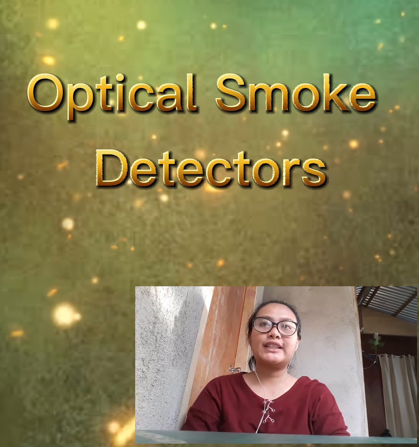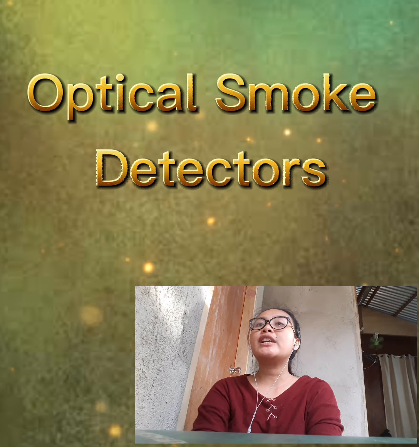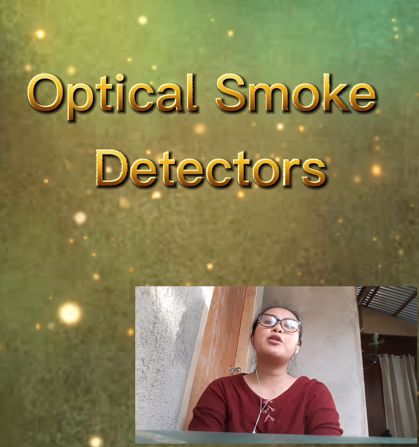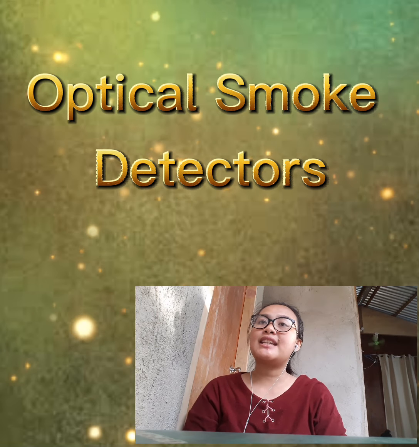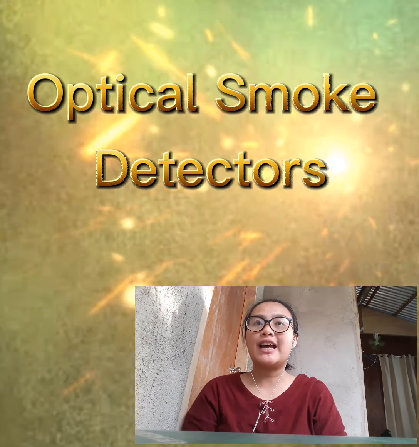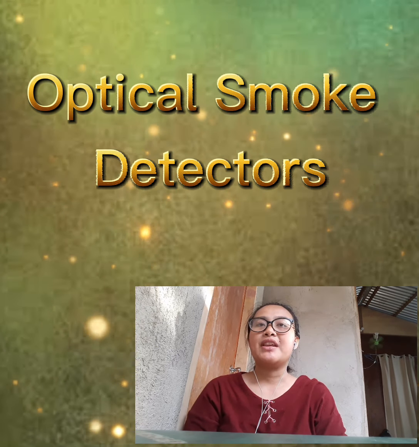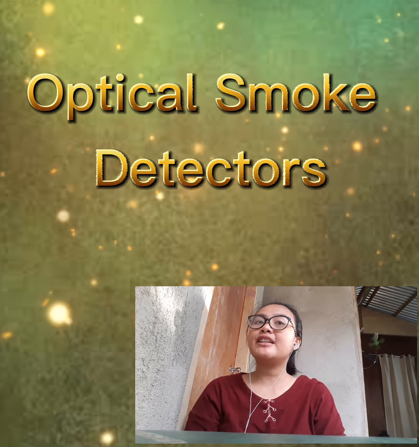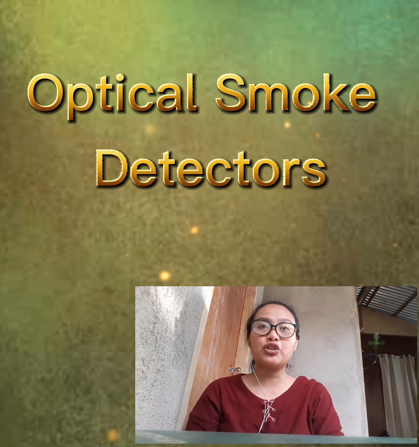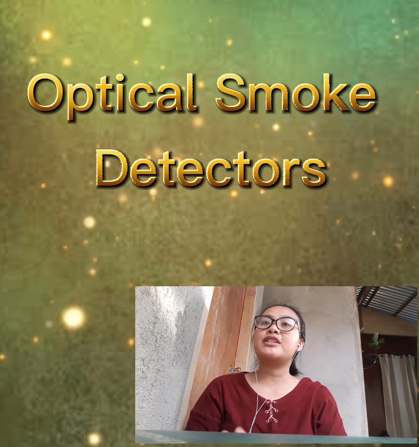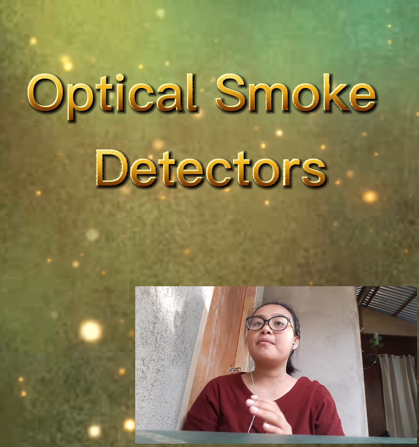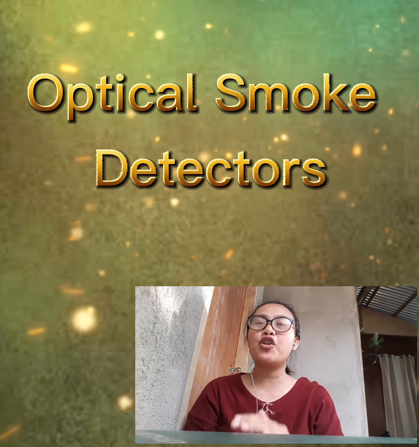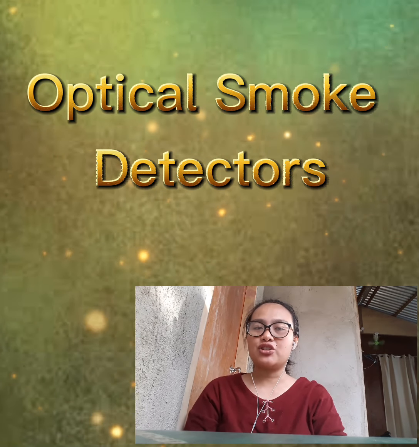We have optical smoke detectors. It is a detector that detects visible or invisible particles of combustion. It also operates by detecting the scattering or absorption of light by smoke particles. Its criteria: first, the detector shall be a self-contained device comprising a light source with a matching photosensitive sensor.